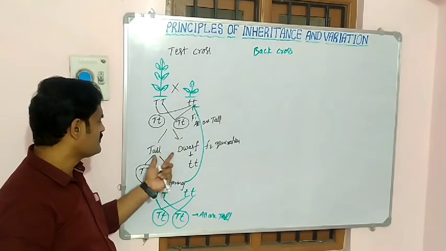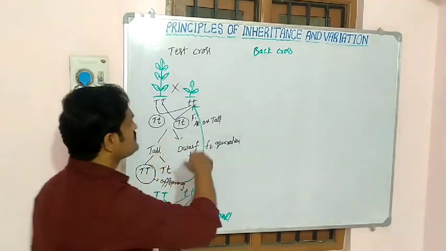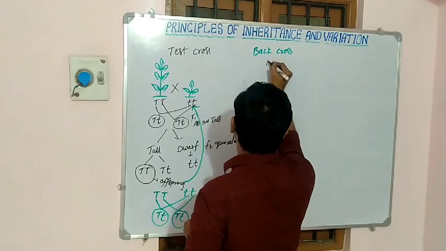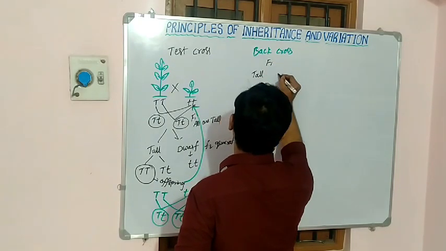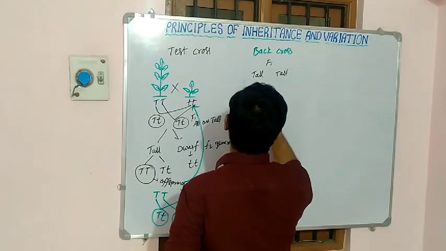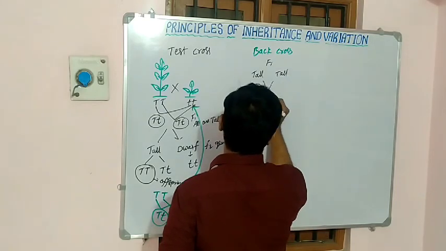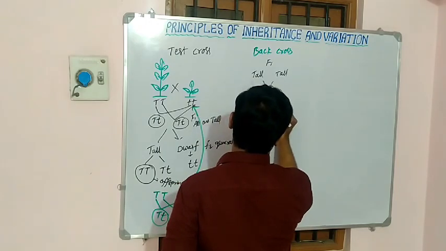Then after that it forms tall plants and dwarf plants. Same like this. Here also in the back cross, in the F1 generation, all are tall plants. Then after crossing between the tall plants, in the F2 generation, tall and dwarf are present.